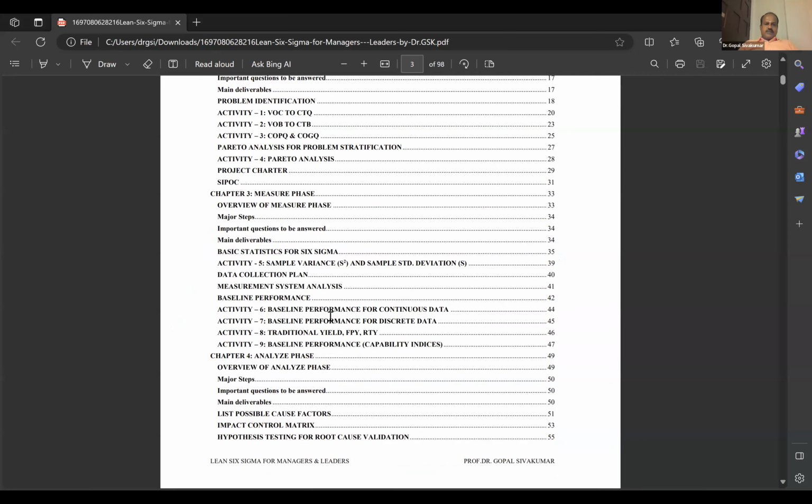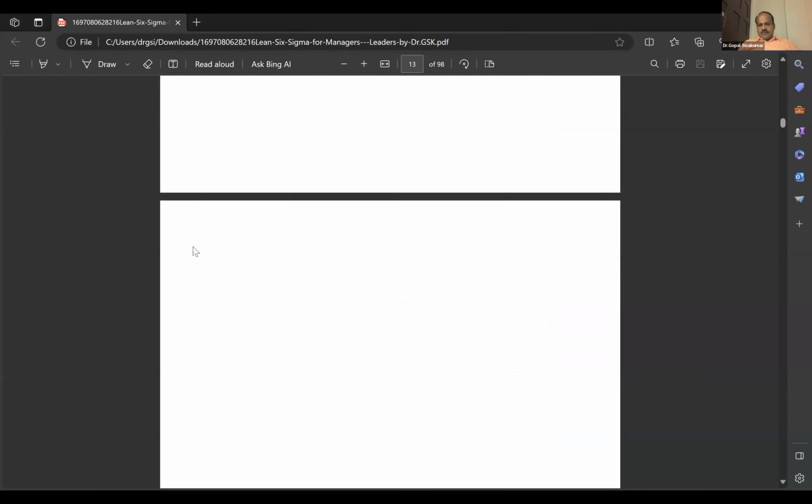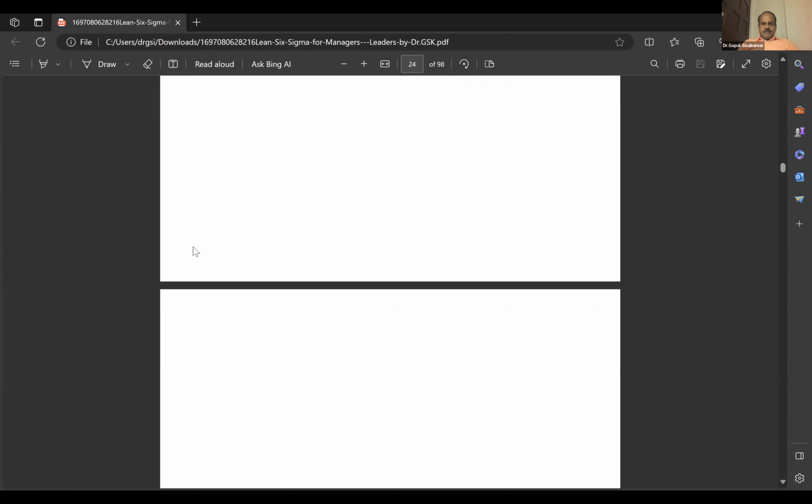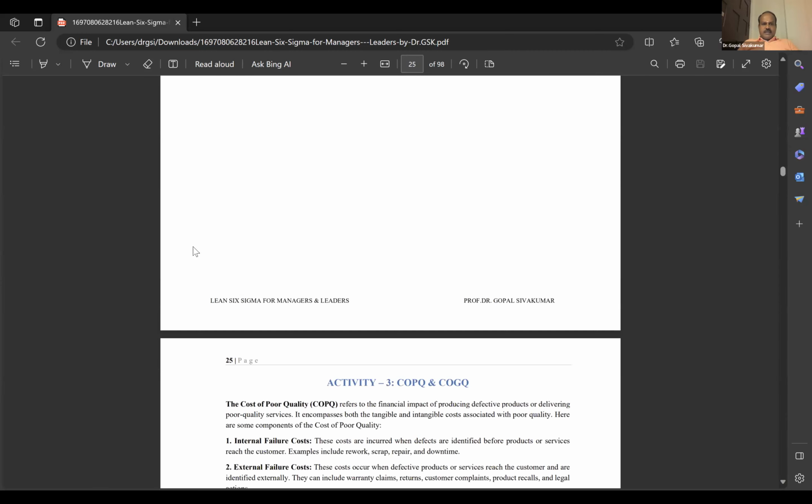Activity 8 talks about traditional yield, first pass yield, and RTY, which is at page number 46. We're only going to discuss, and then you are going to work it out on your own, and then we'll discuss the same while meeting this weekend.